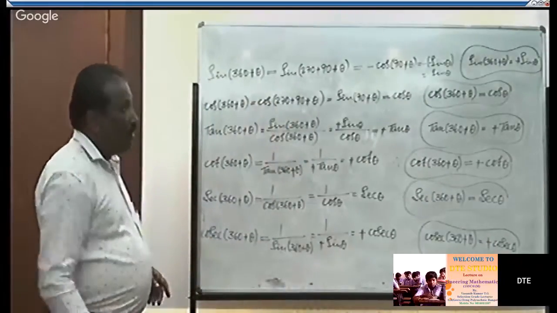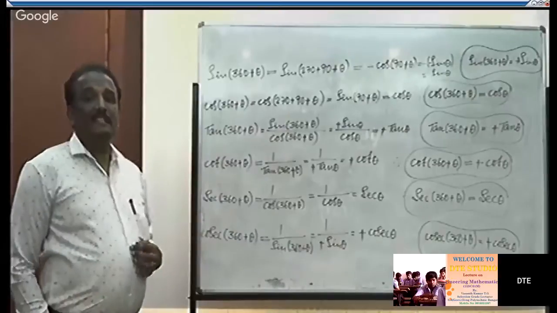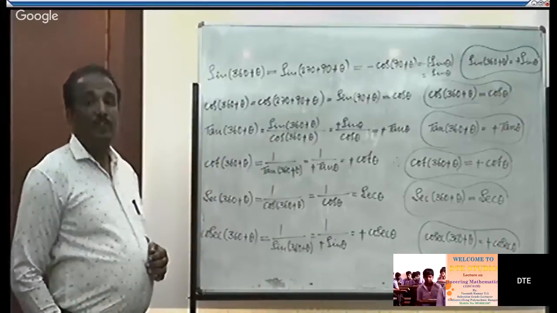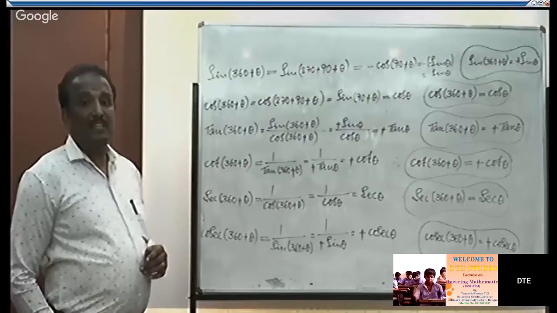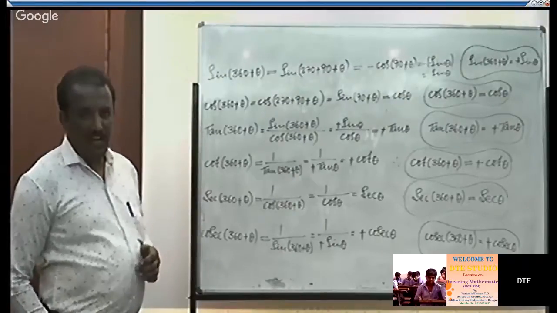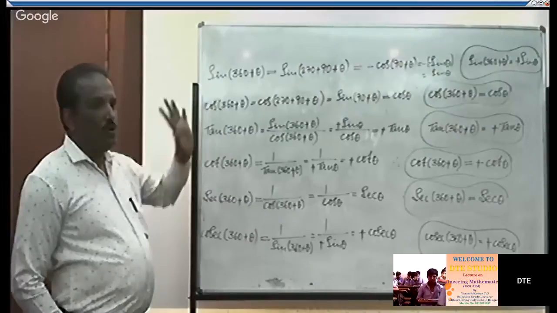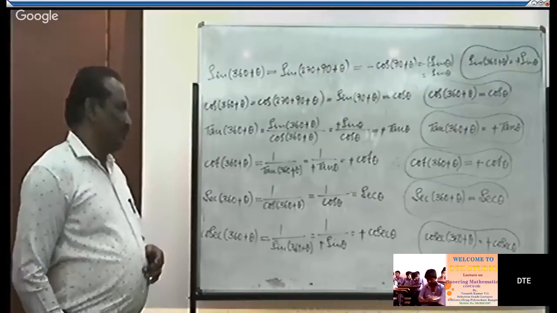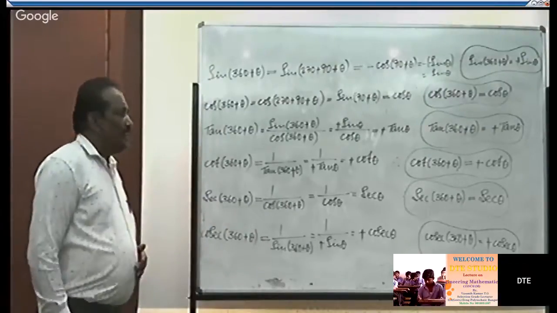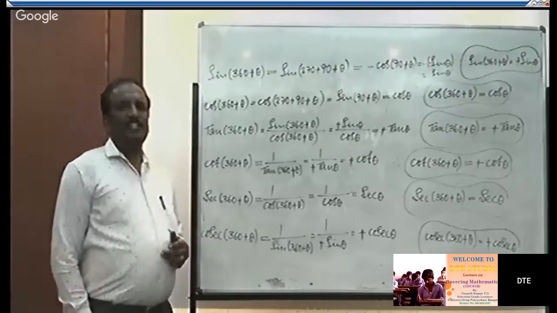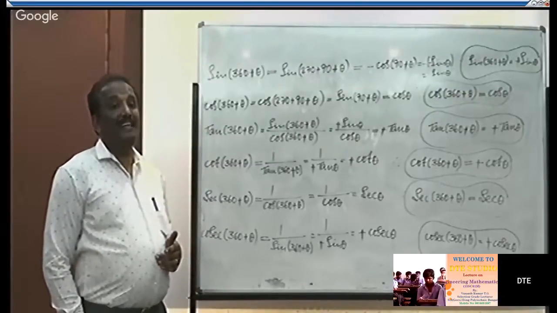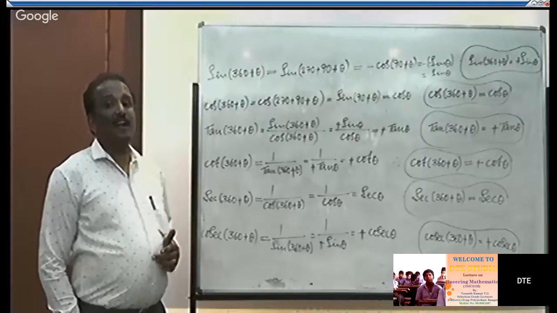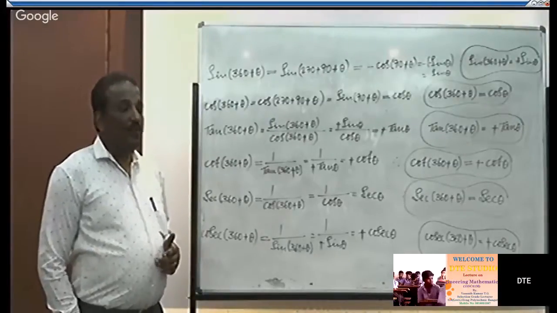So all these 6 results represent how 360 plus theta is allied to theta when connected to trigonometric functions. Once again, you can check the results by using the ASTC rule. 360 plus theta, as we all know, is an angle in the first quadrant.